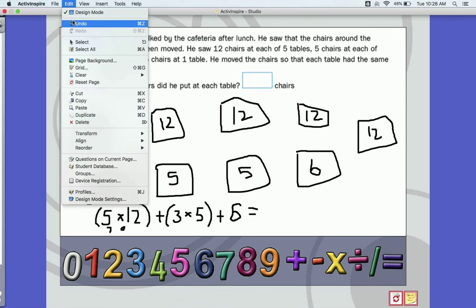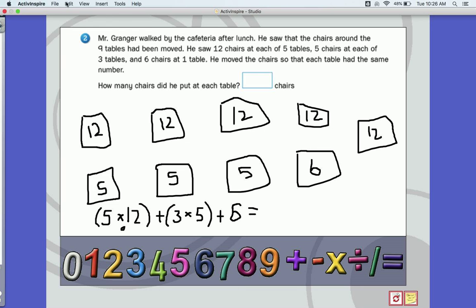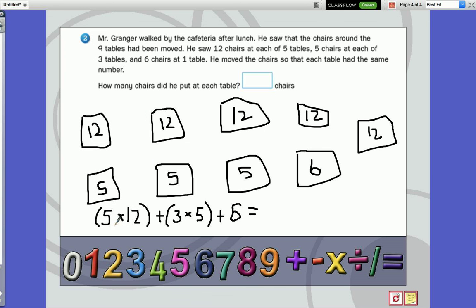Okay, edit, undo, undo. Sorry. 5 times 12 is 60. I hope you caught that mistake there. 3 times 5 is 15. And then I have 6. So 60 plus 15 is 75. Plus 6 is 81. Okay, so there were 81 chairs.